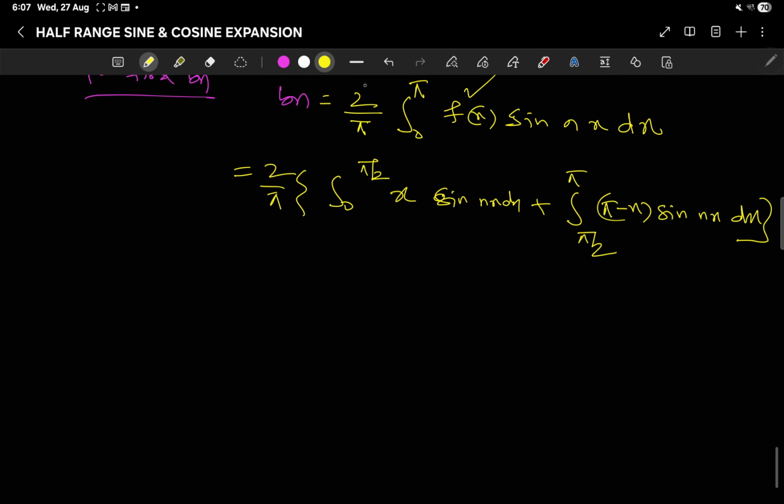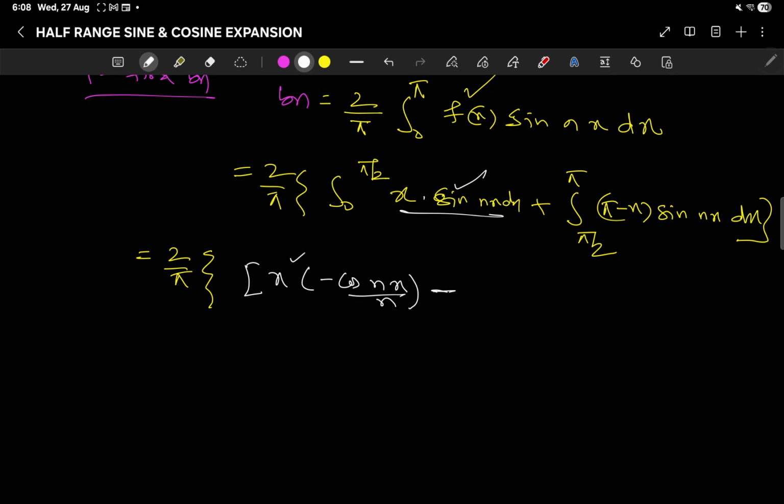So this will be equal to 2 by pi, you apply by parts here, it is here x, integration of this is minus cos n x by n, put a negative sign, the derivative is 1, integration of this is minus sine n x by n square, right?